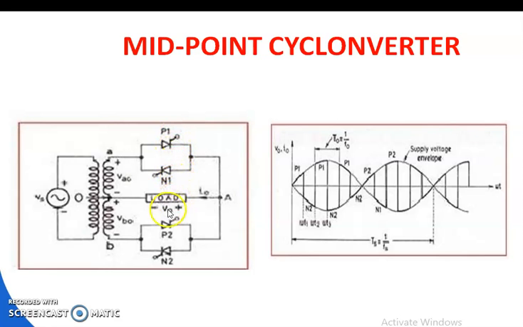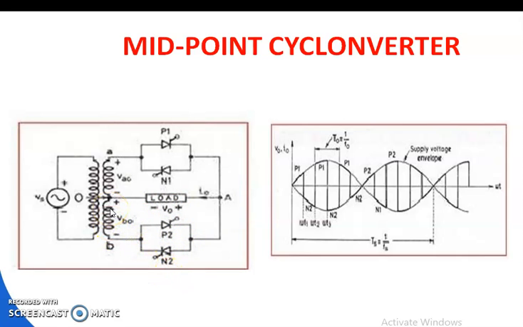Then the other pair, P2 and N2, is connected to terminal B. These two thyristors are also connected anti-parallel, in inverse parallel, oppositely directed with each other.